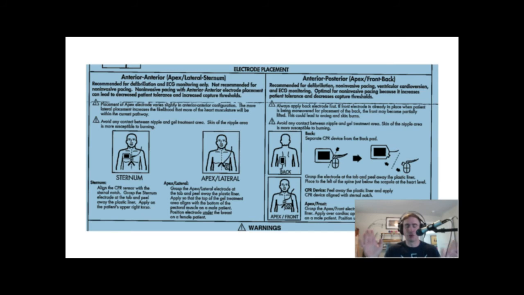That would be bad. Don't do that. I would take a second set of pads, place them, and then disconnect, reconnect. Now, when you disconnect, you're going to lose capture because the pads are disconnected. So you want to try to be smooth about doing that and quick.